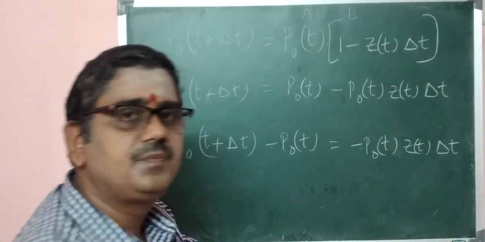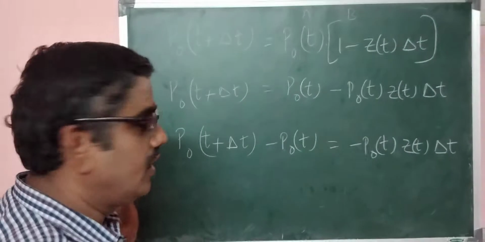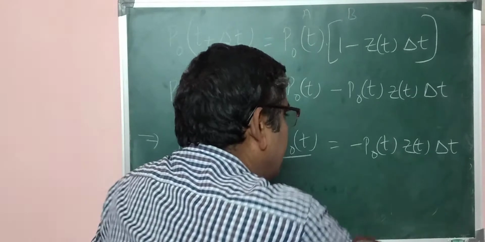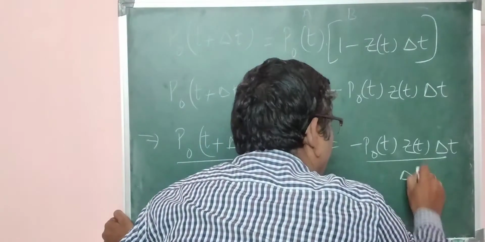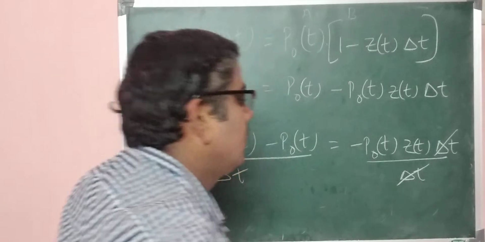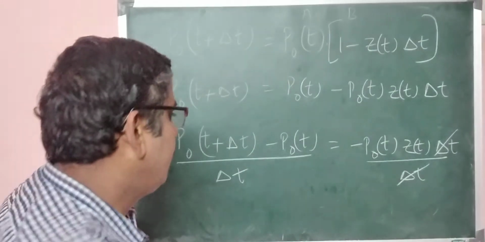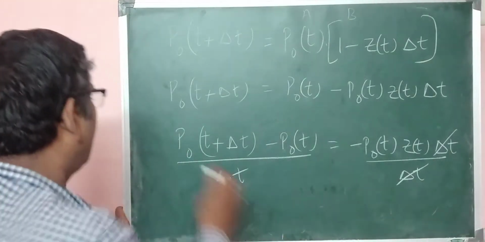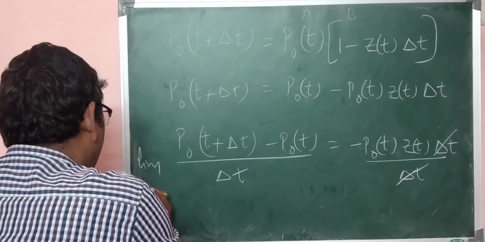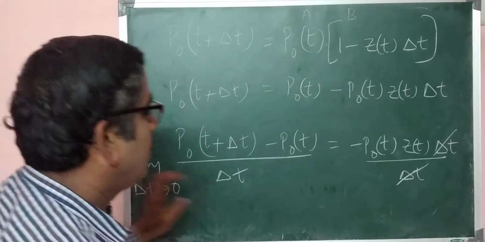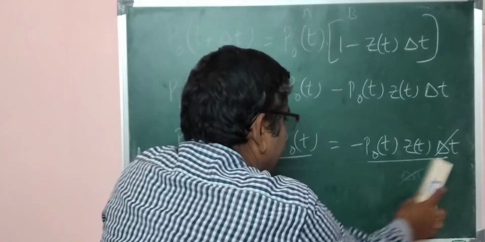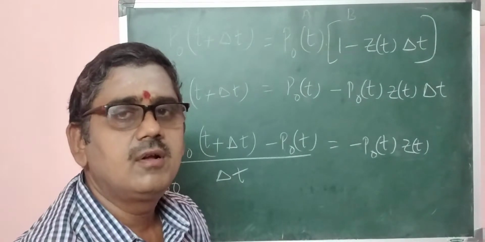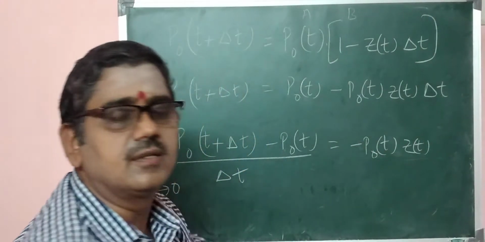Now I am dividing with delta t, and taking limits as delta t tends to 0, so the delta t gets cancelled. If you take limits as delta t tends to 0, here there is no delta t, so this term will remain as it is.